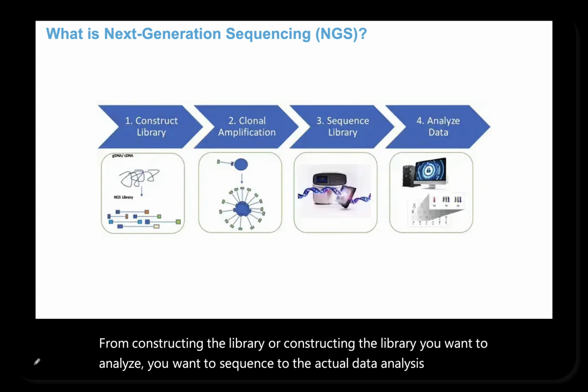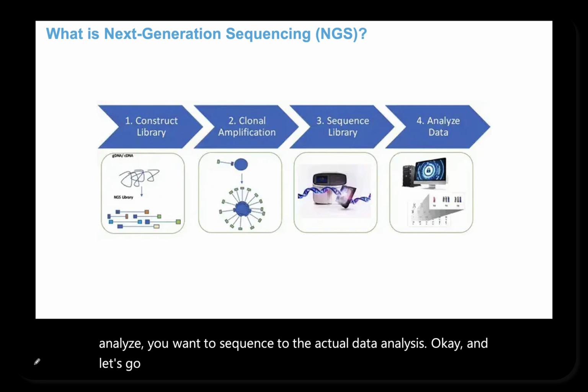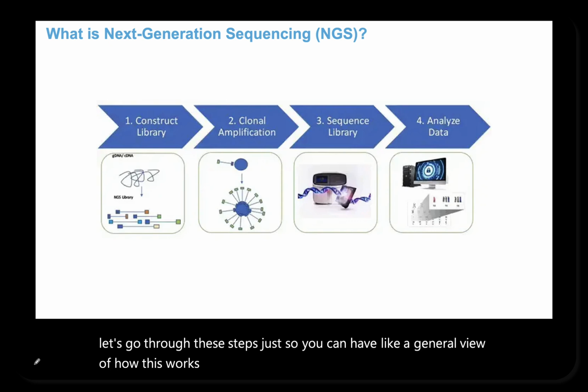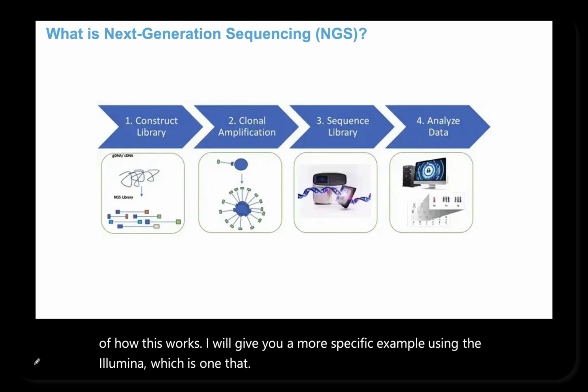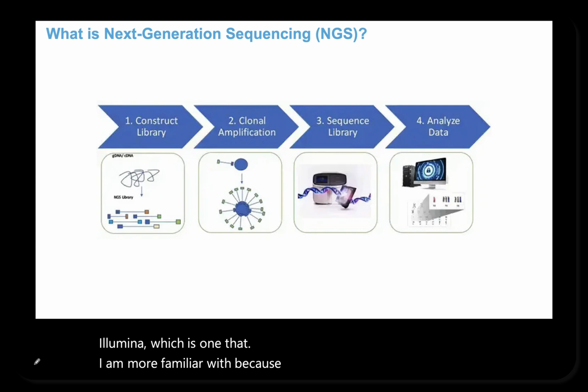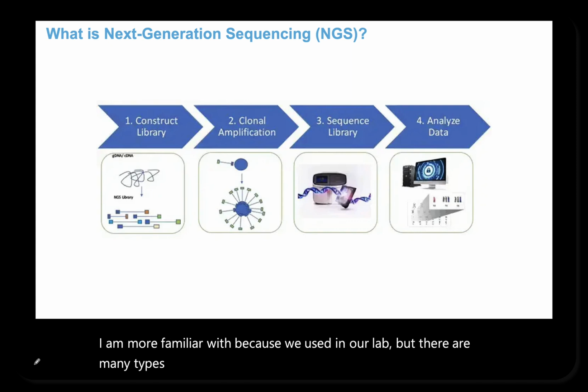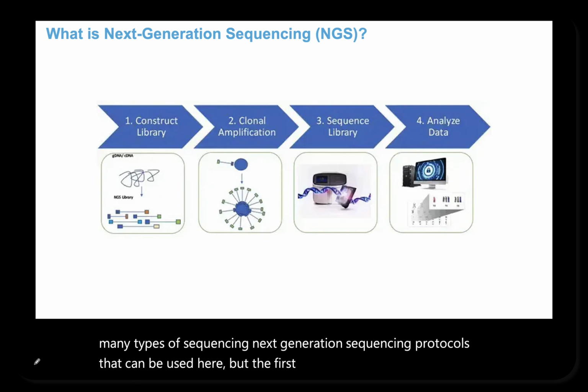Let's go through these steps so you can have a general view of how this works. I will give you a more specific example using Illumina, which is one that I am more familiar with because we use it in our lab, but there are many types of next generation sequencing protocols that can be used here. But the first thing is to construct your library.